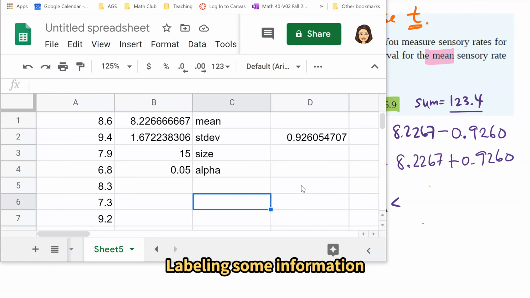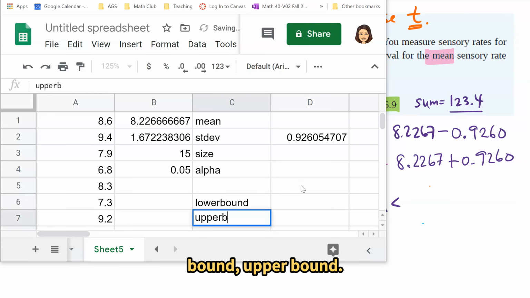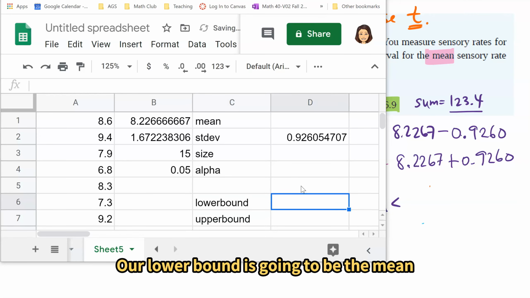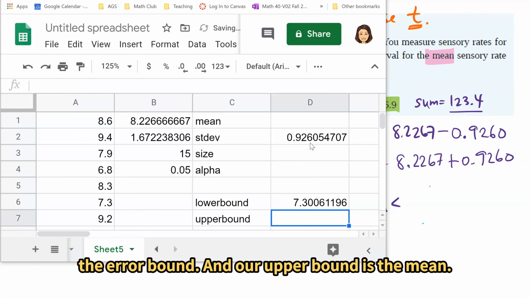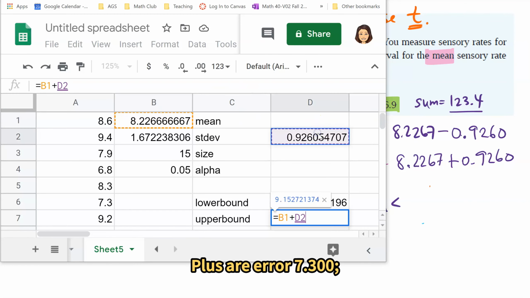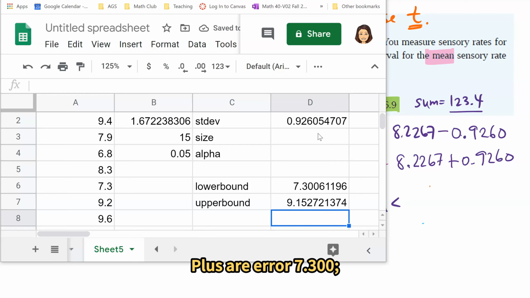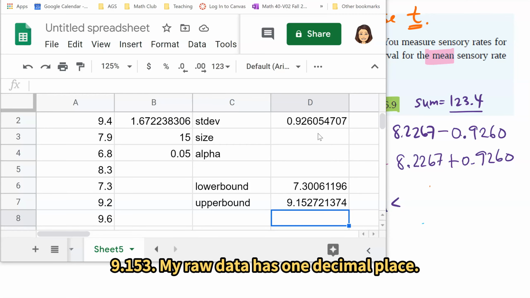Labeling some information so that we know what we have. Lower bound, upper bound. Our lower bound is going to be the mean minus the confidence level, the error bound. And our upper bound is the mean plus our error. 7.3009153.